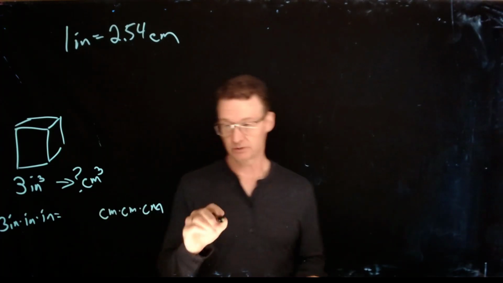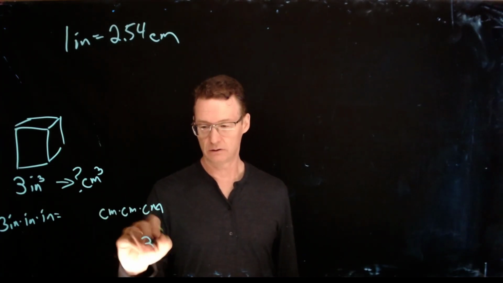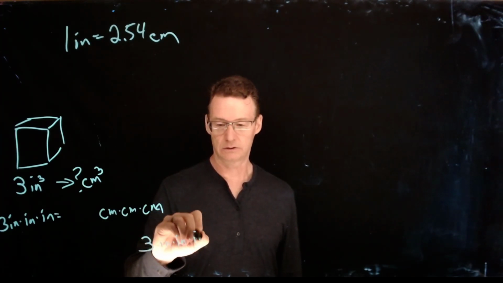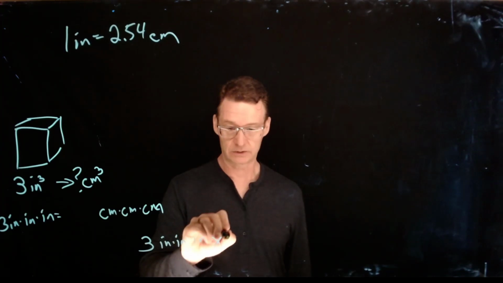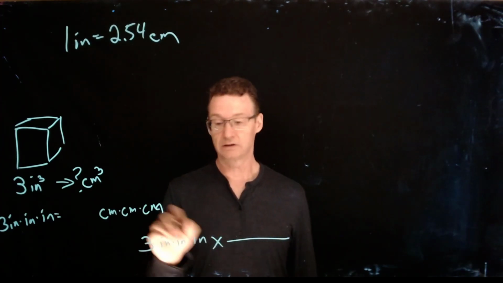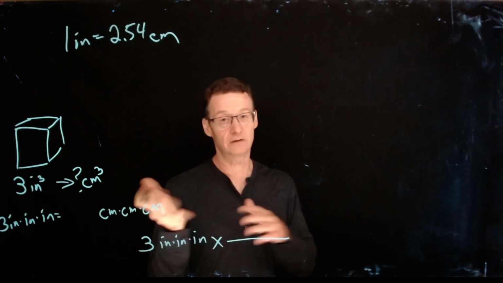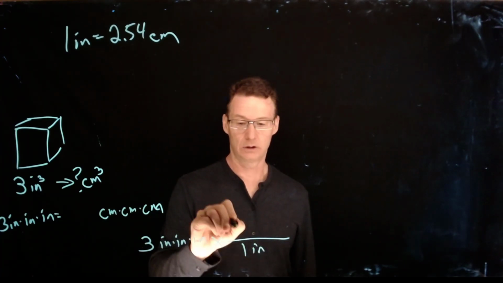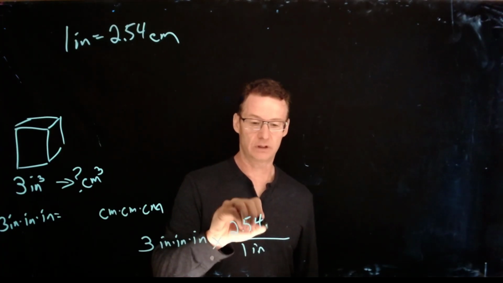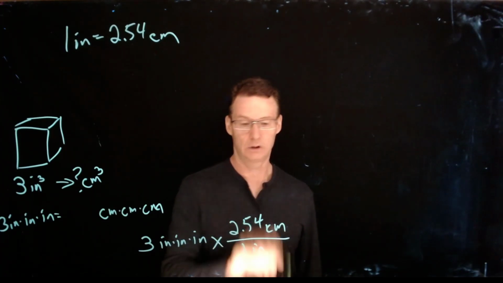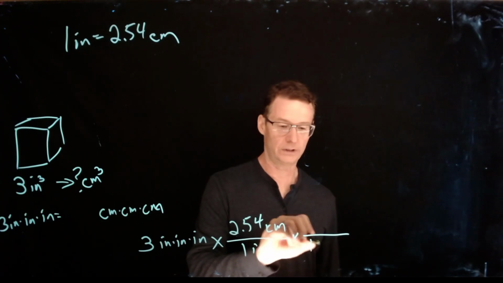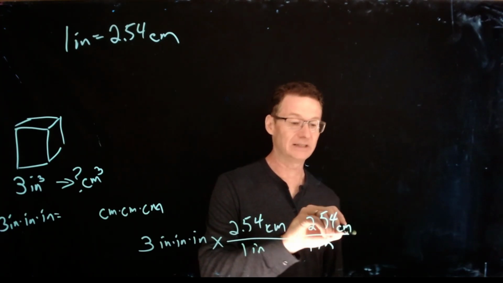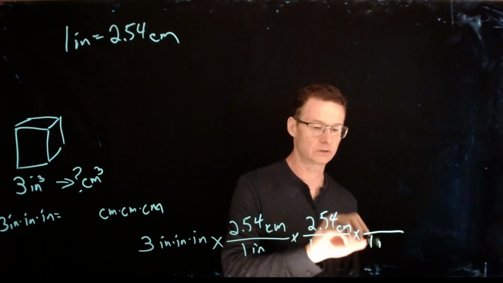So let's set this up so we can see what it looks like. So 3 cubic inches times, we need to cancel out all 3 of these iterations of inches. So we're going to do 1 inch, 2.54 centimeters; 1 inch, 2.54 centimeters, because we need to cancel this unit 3 times because it's cubed inches.